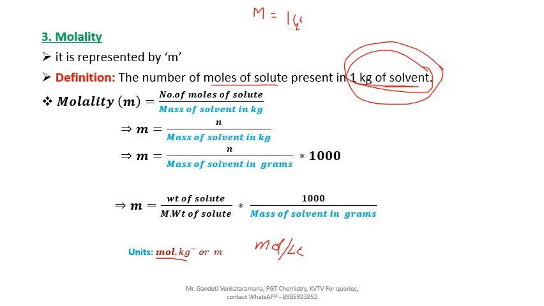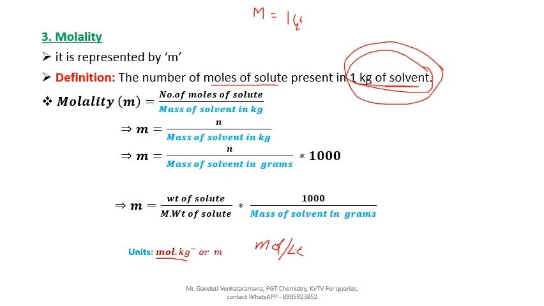Just focus on the definition and practice the formula. Where is the difference between molarity and molality? In the case of molarity, volume is present, and volume is temperature dependent, so molarity is temperature dependent. But in molality, can you see any volume? No, volume is absent.